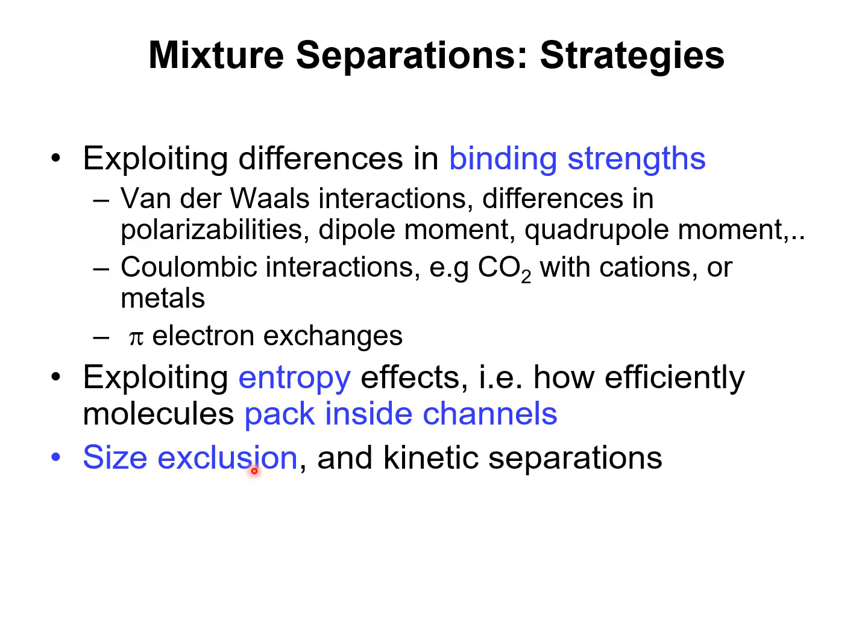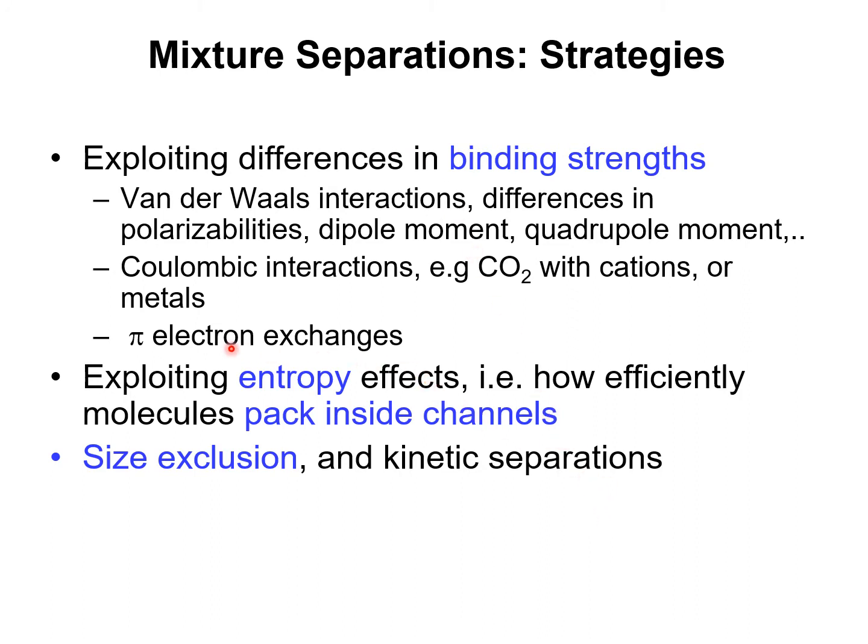For example, this strategy is used for separation of methane from nitrogen in order to produce natural gas to meet the pipeline specifications. Such separations are basically kinetic in nature and not driven by adsorption equilibrium.